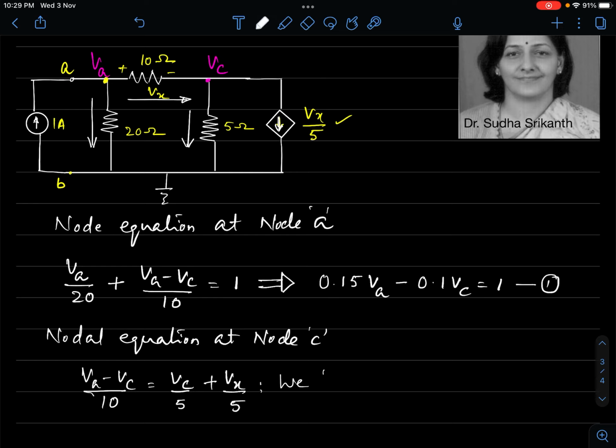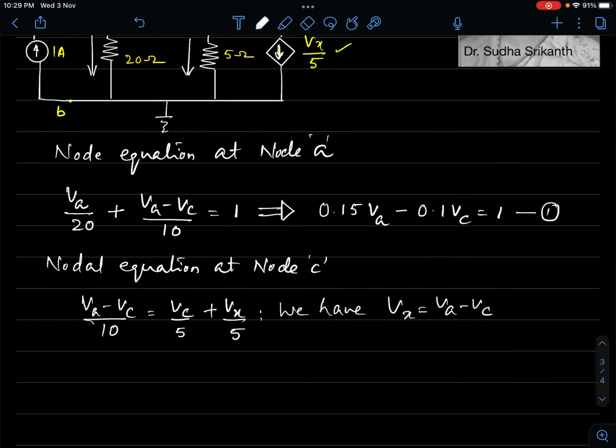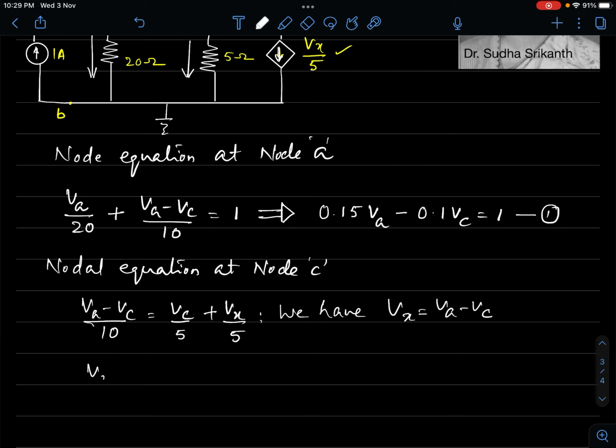We also have Vx equal to VA minus VC. So we will substitute for Vx in this equation. So what do we get? We will now get VA by 10 minus VC by 10 equal to VC by 5 plus 1 by 5 into VA by 5 minus VC by 5.